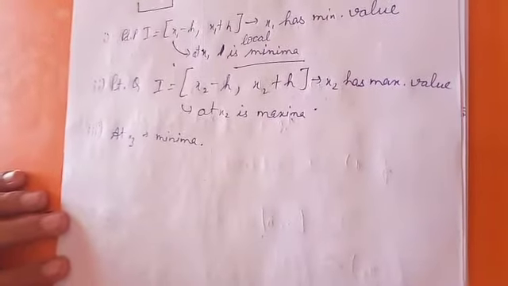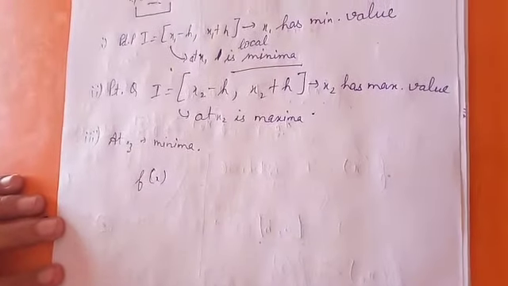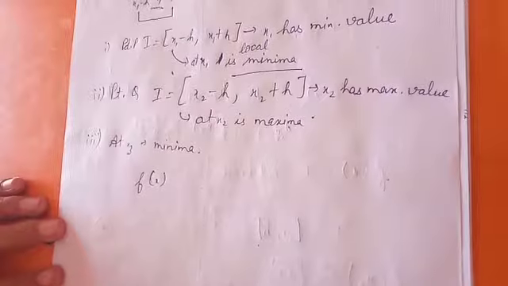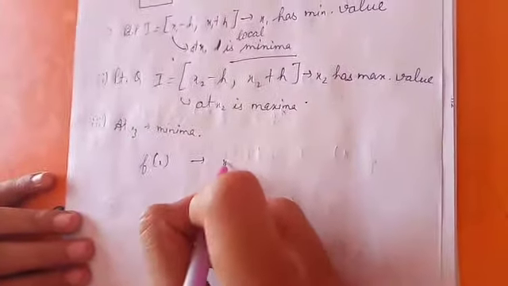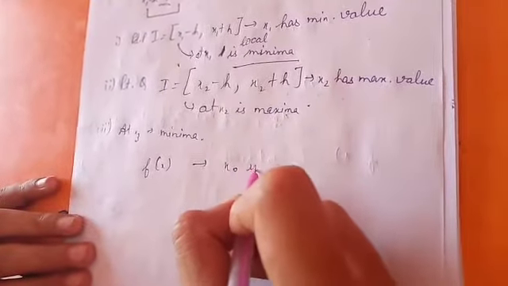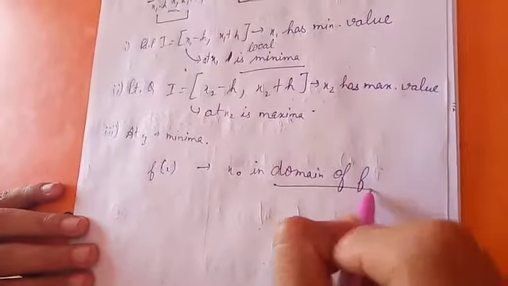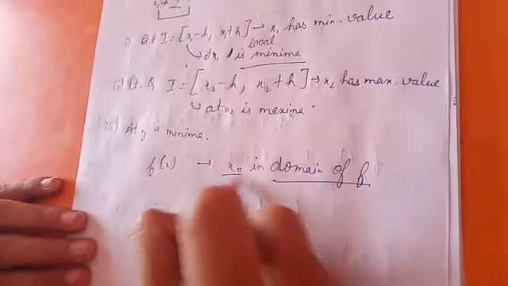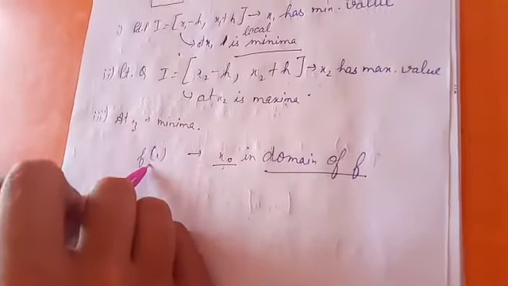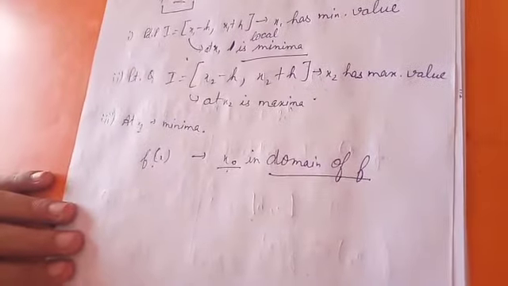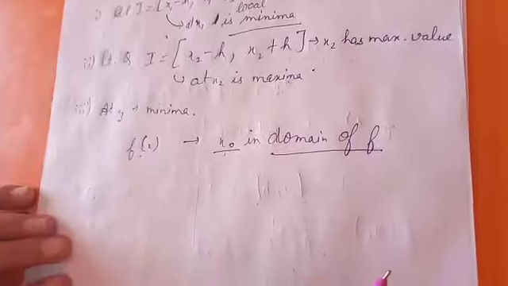Now if you want to define local maxima or local minima, what we will say is, let f be a function, say f of x is a function, and let x naught be an interior point in the domain of f. Domain of f means x naught is one of the values which we can put in the function f of x to get our result.